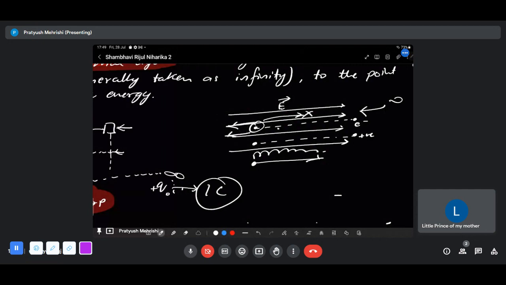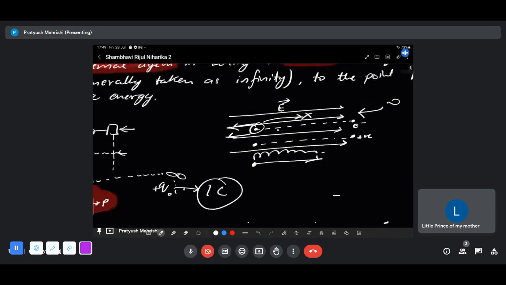It is negative now. A negative charge will always go in the direction opposite to the electric field, whereas the positive charge will be pushed out in the direction of the electric field. So here our definition will become what?